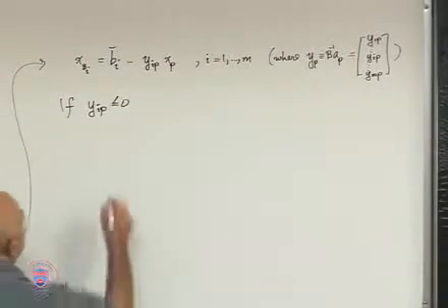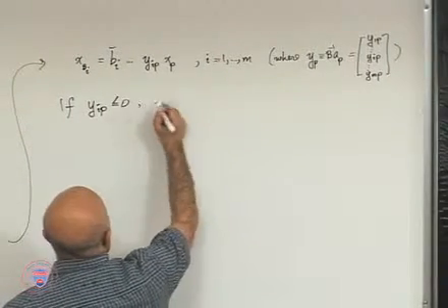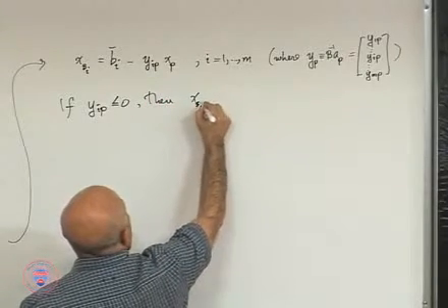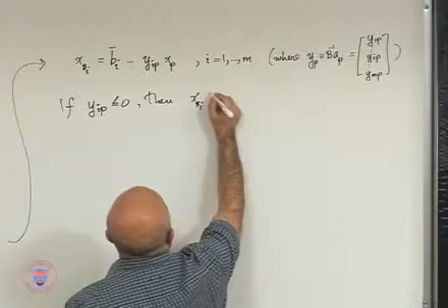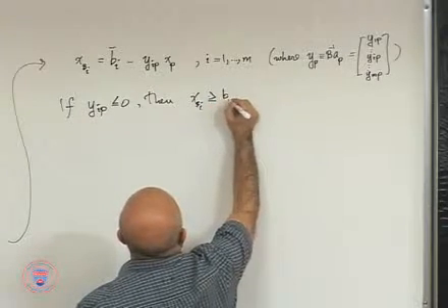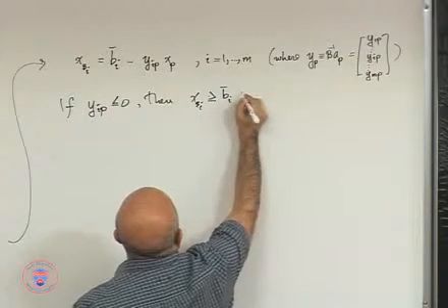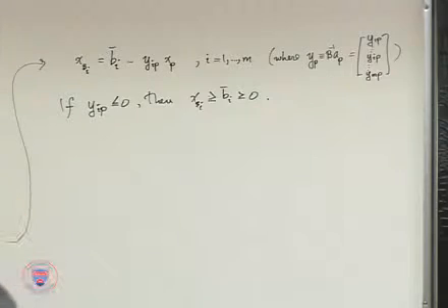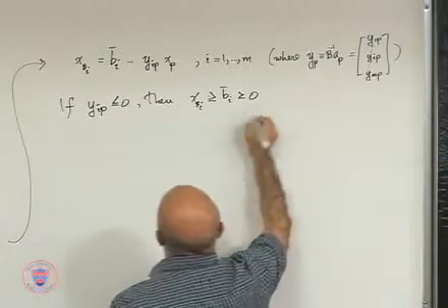So if y_ip is less than or equal to 0, then the conclusion is x_Bi is greater than or equal to the current value, which we know is non-negative. So there's no need to worry about these.